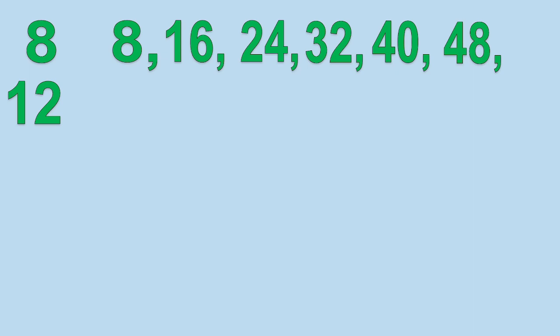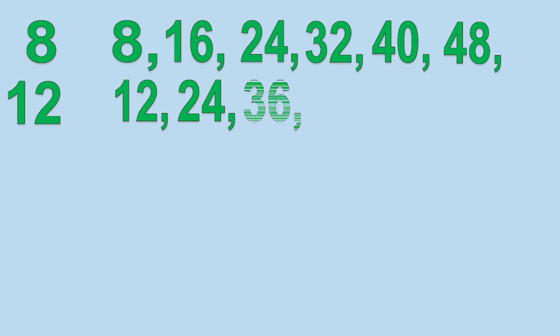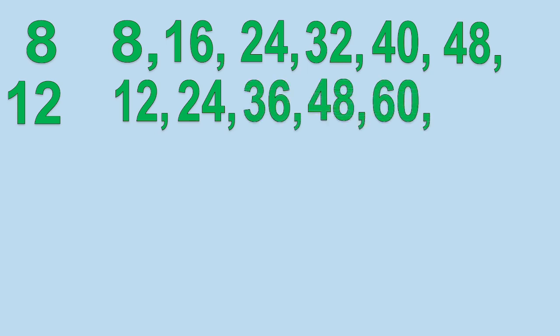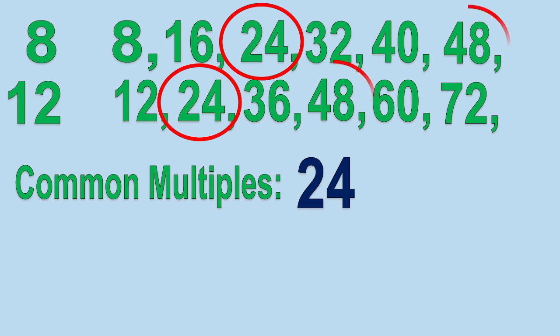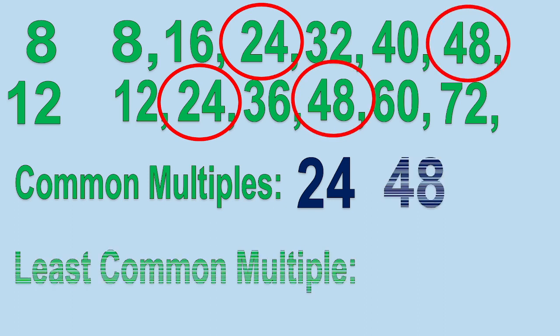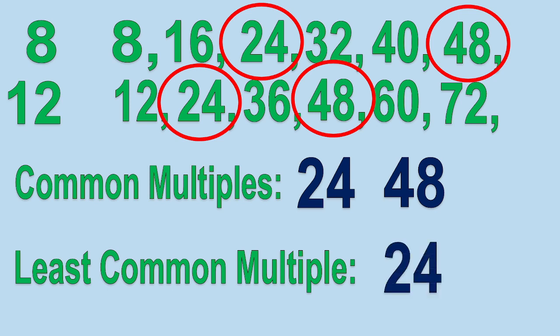Next, the multiples of 12. 24, 36, 48, 60, 72. Let's see if we have any common multiples. So we have here 24 and 48. So the least common multiple is 24.